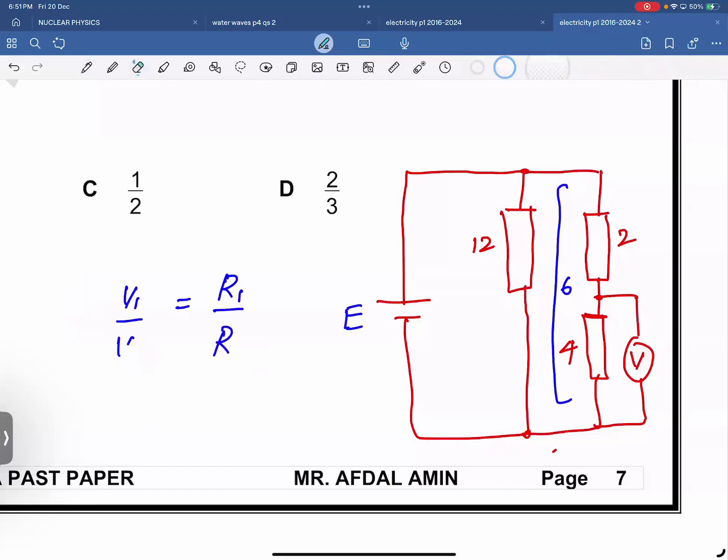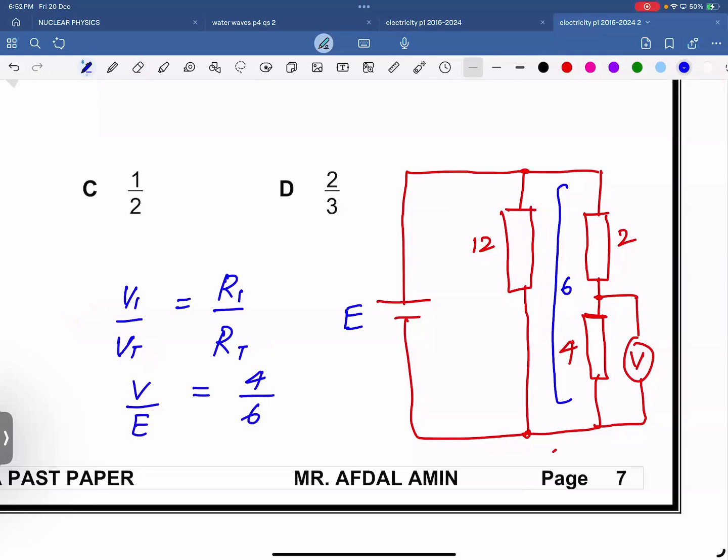Instead of 1 and 2, I will say V1 over V total equals R1 over R total. V1 is the voltmeter, V total is the EMF, R1 is the 4, and R total is 6.